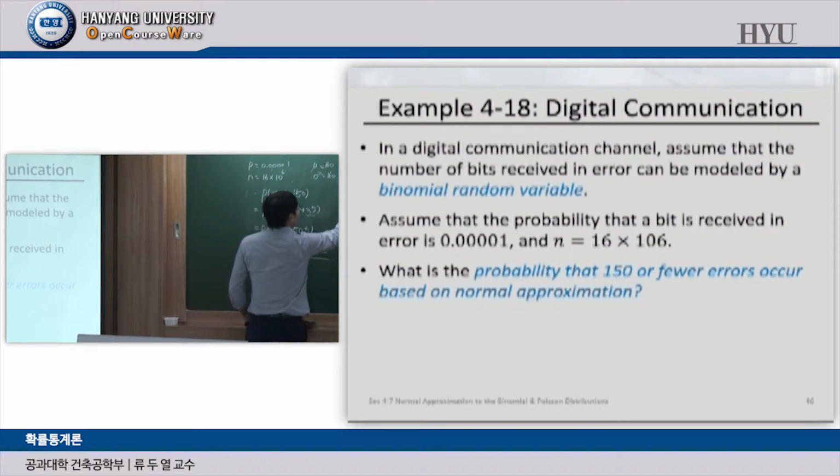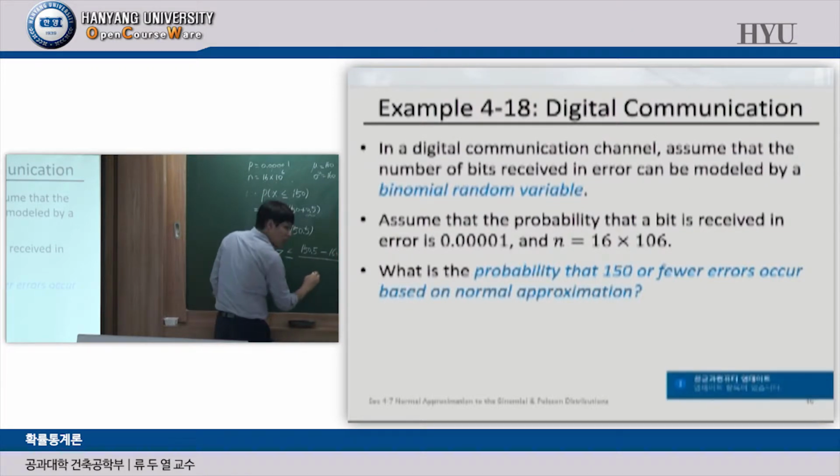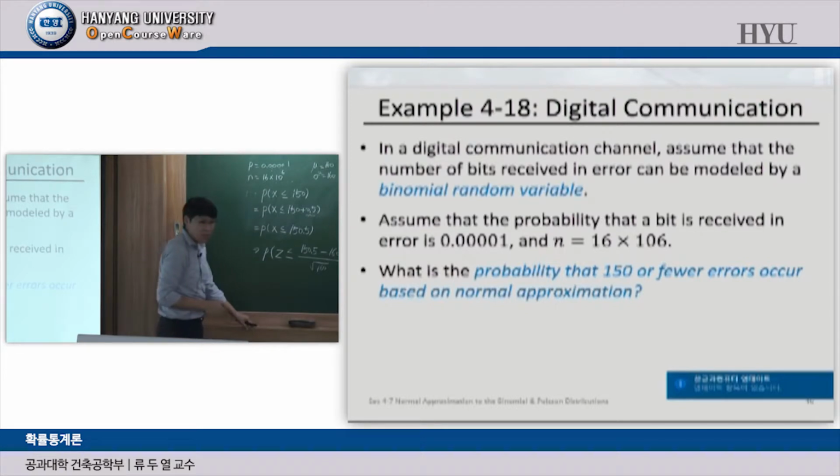This is np(1 minus p). If you calculate this equation, you can obtain 160. So this can be 150.5 minus 160 over root 160. Okay?